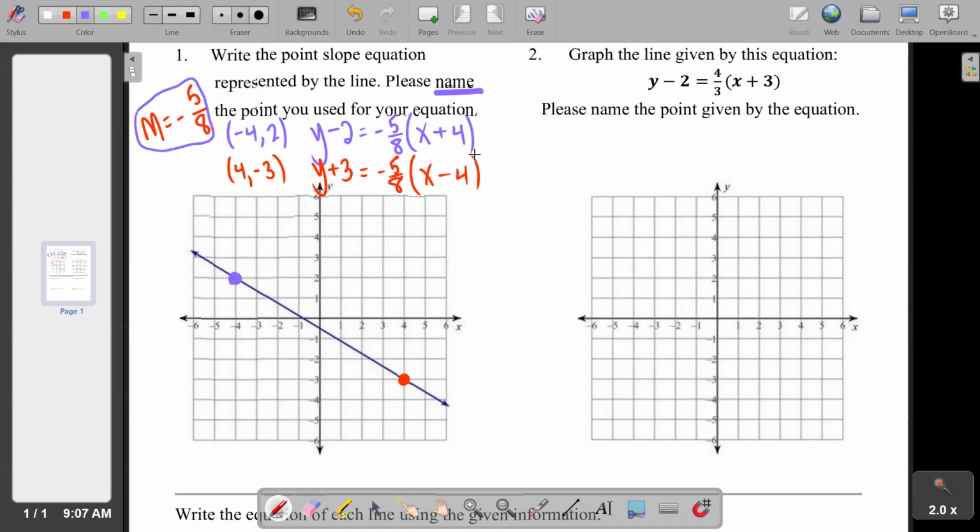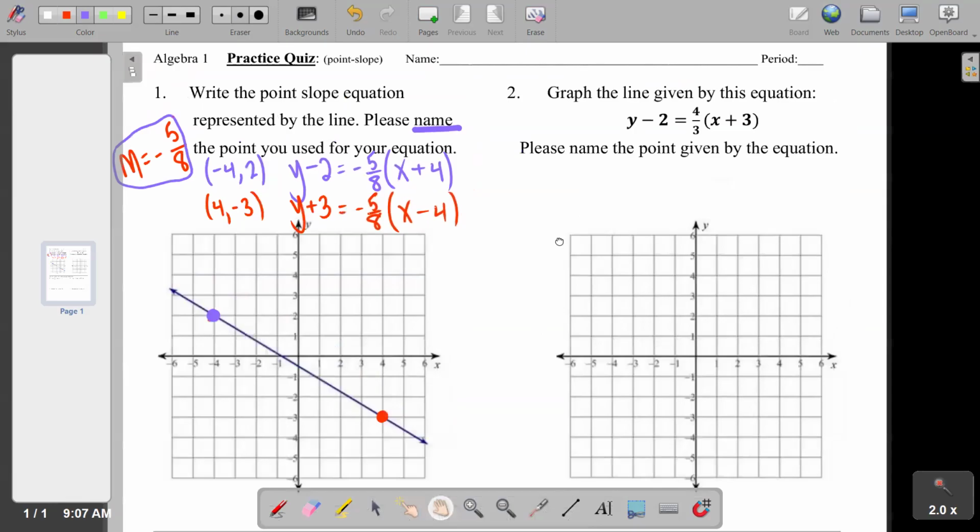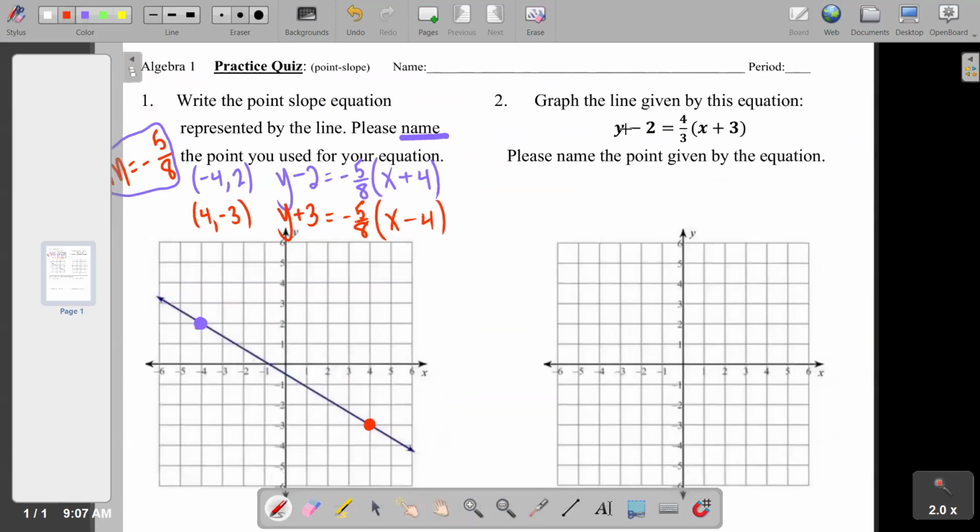Okay, so what I want from you in this problem is I want you to show me that when I give you an equation like this one up here, you can tell me everything about the line just from that equation. So the first thing you can tell me is that that line will go through a point. And what are the coordinates of that point? -3.